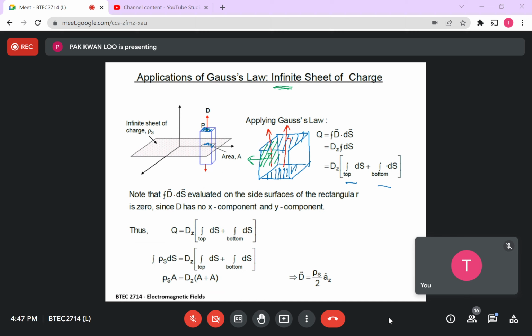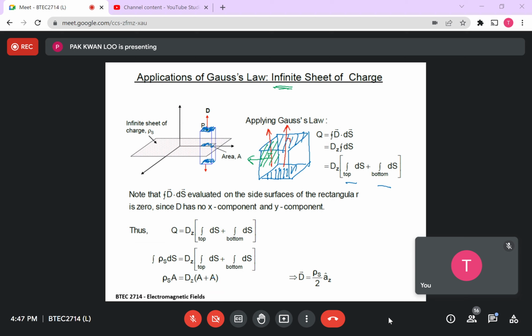For top and bottom, if the area represented by this Gaussian surface is dS, and the total area is A, and also A below, we have the area A plus A.